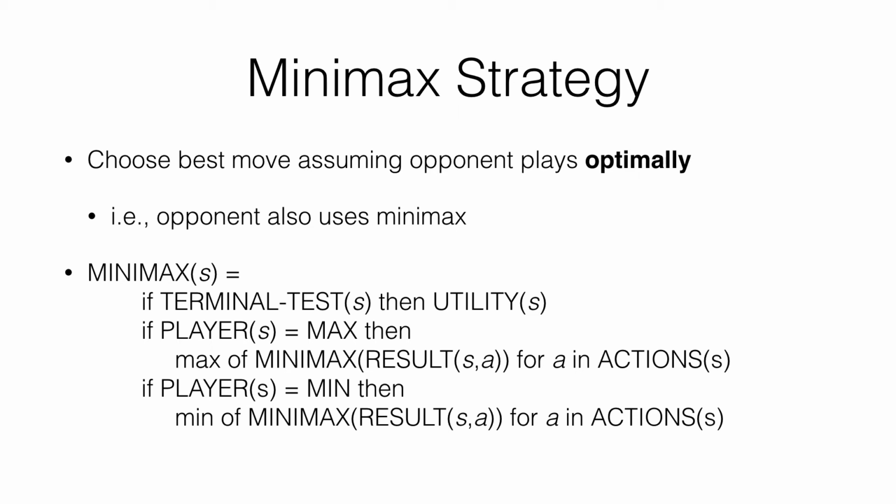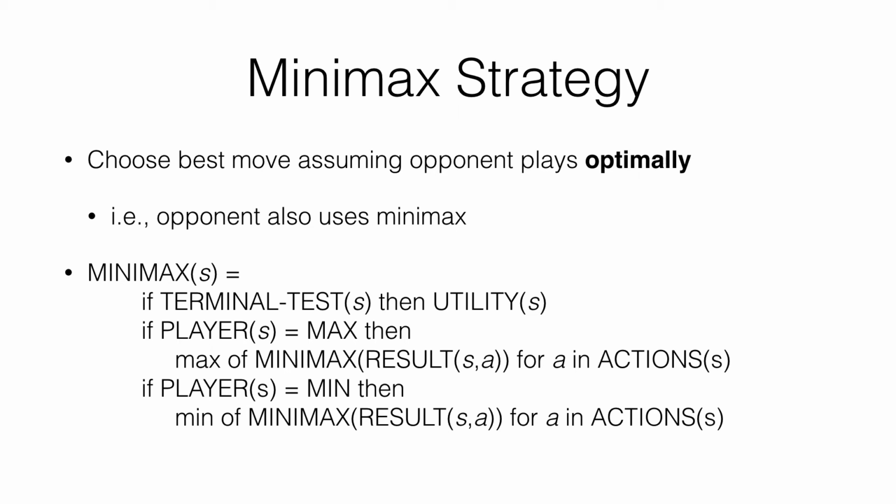Okay, if it's the max player's turn, then what it returns is the max of minimax of the resulting state for any of the actions that are available in the current state, right?